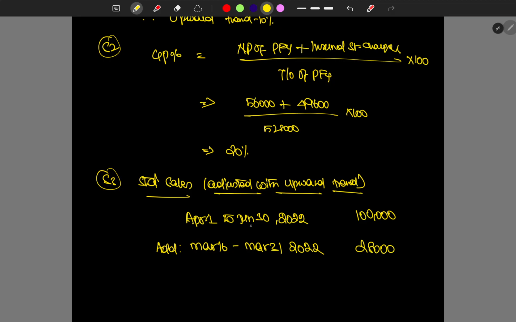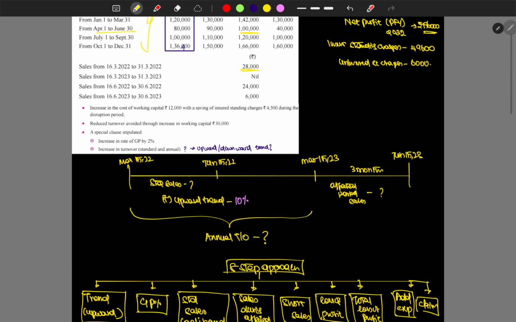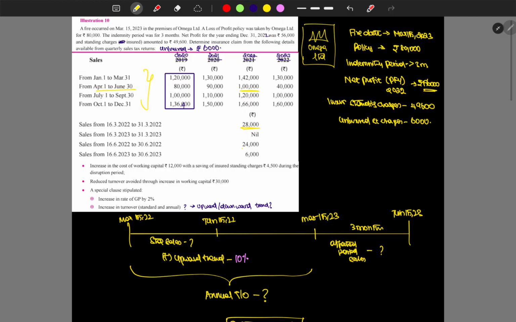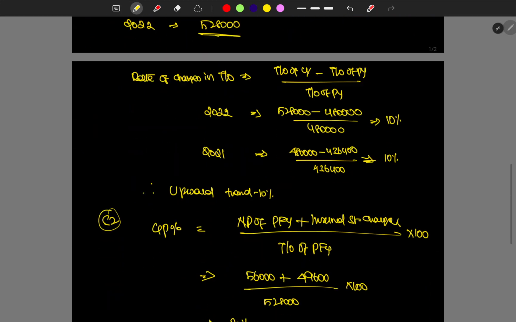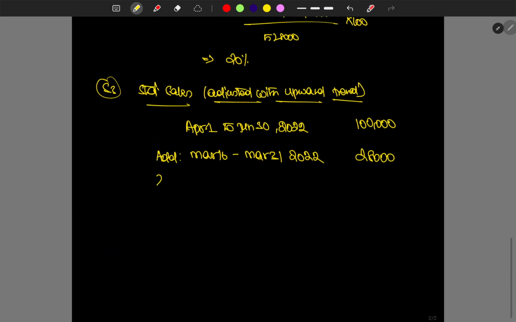And then we have taken the whole month of June, so we have to remove the 15 days, right? For that they have given the information, which is 24,000, less June 16 to June 30, 2022. So it comes around 1,04,000.